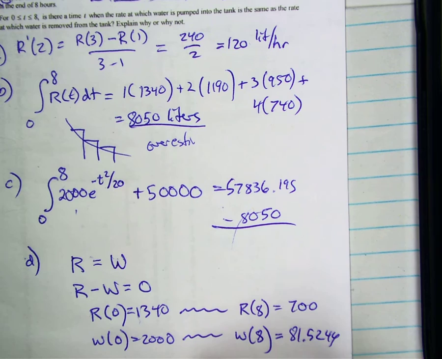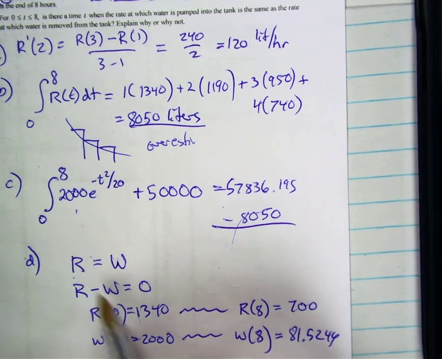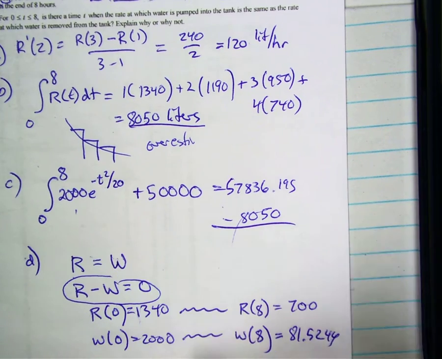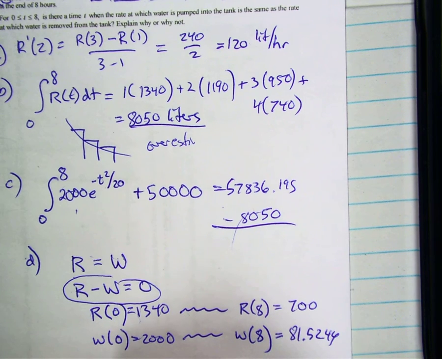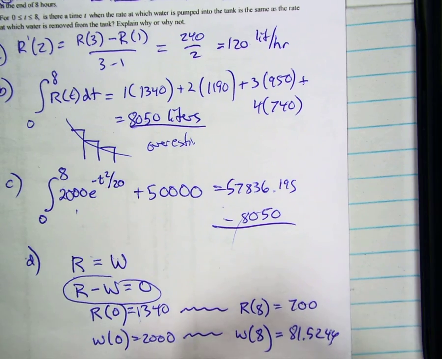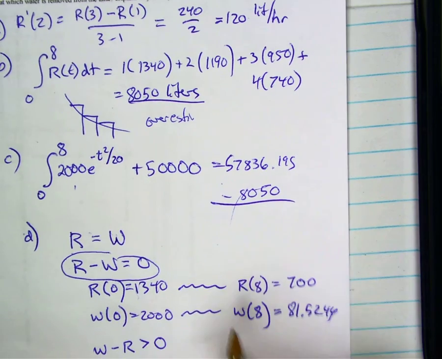Okay? So what is happening here is somewhere along the line we should have a crossing of our slope of the x-axis. So if our slope we're looking at is R minus W, or W minus R, either way, right here W minus R is positive.